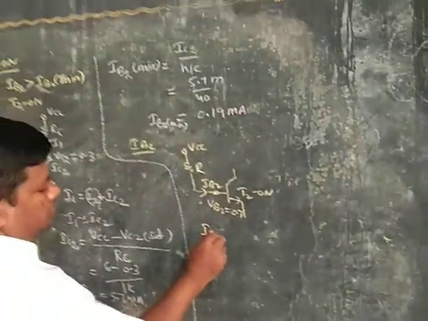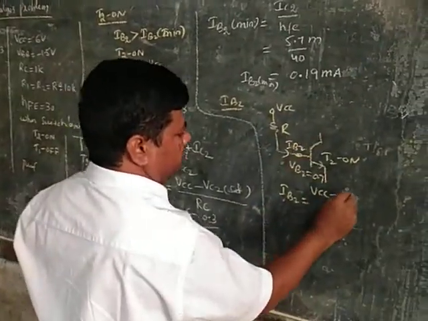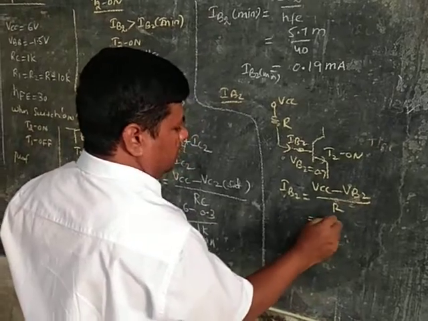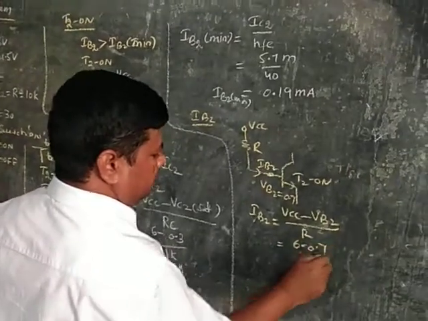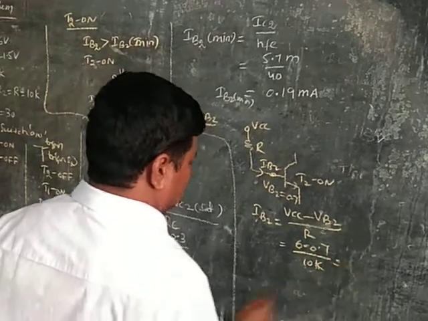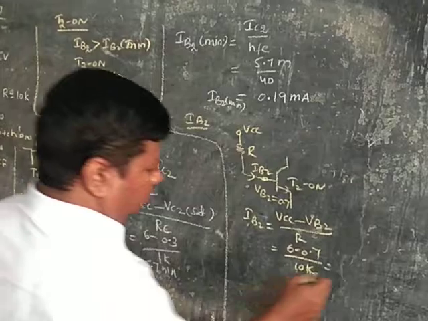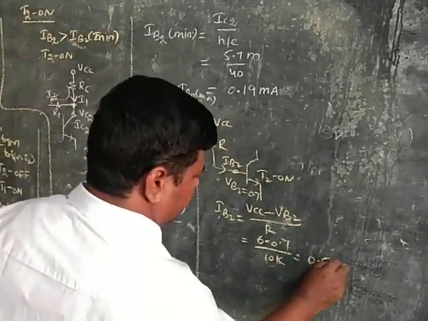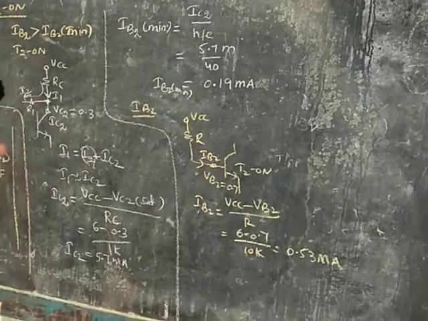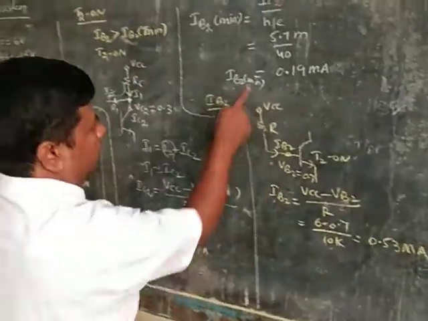Now we apply KVL to this loop: IB2 is equal to VCC minus VB2 by R, which is 6 minus 0.7 by R, with R equal to 10K. That is around IB2 equal to 0.53 milliamperes.